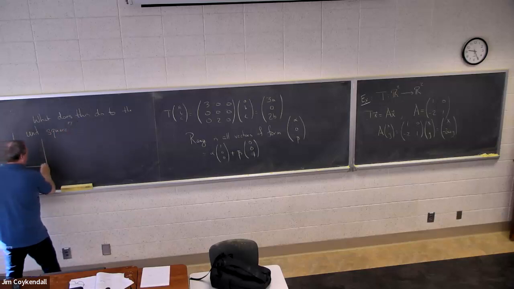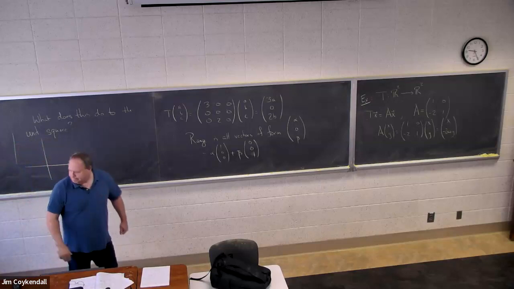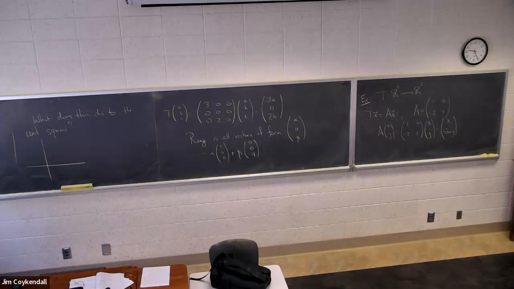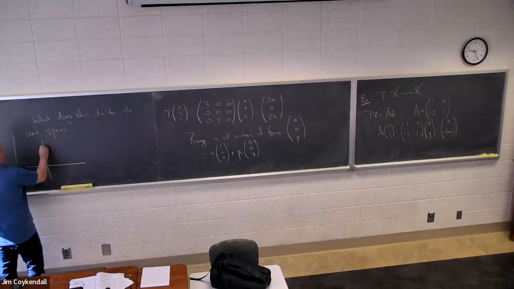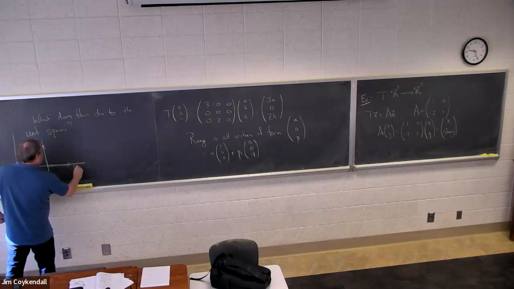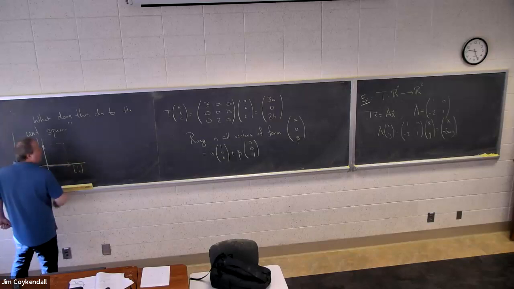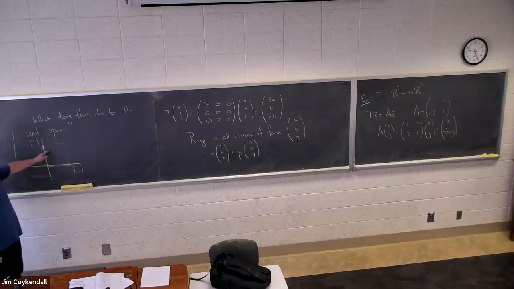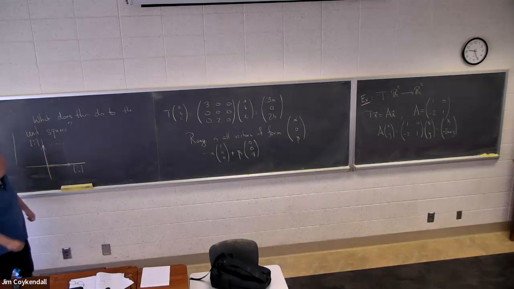So let me draw a square here. So this is vector 0, 1. This is vector 1, 0. So my big question is what does this linear transformation do to this square? Just forget about everything else because it did square.